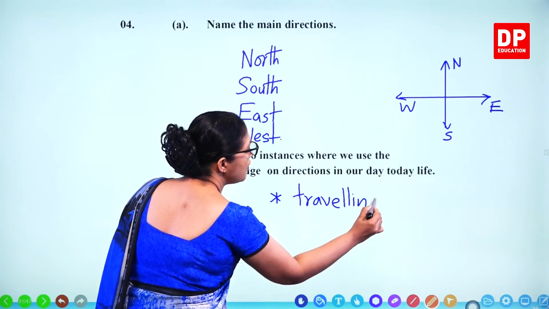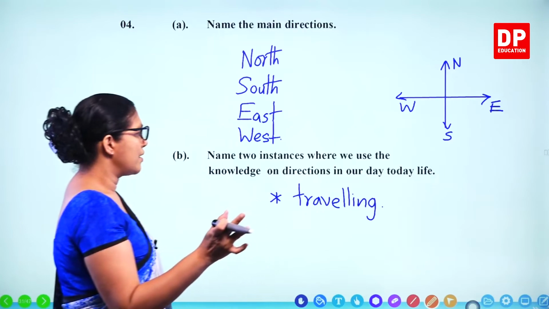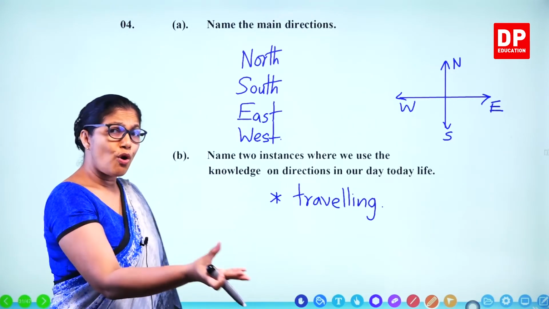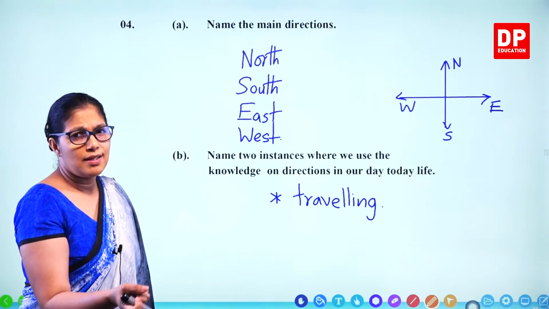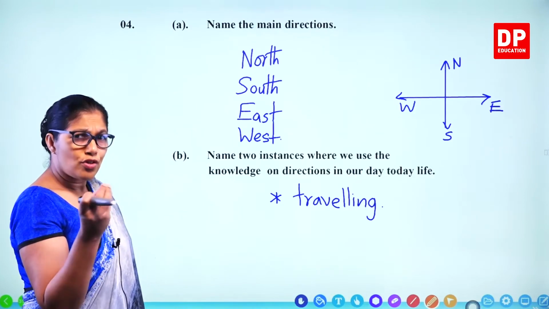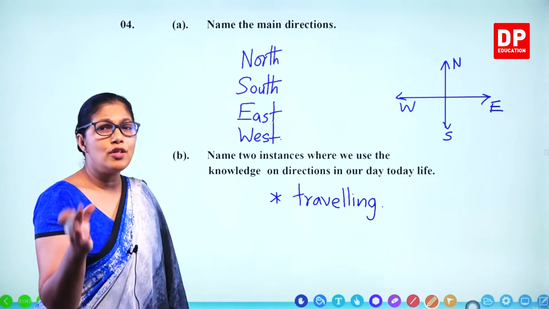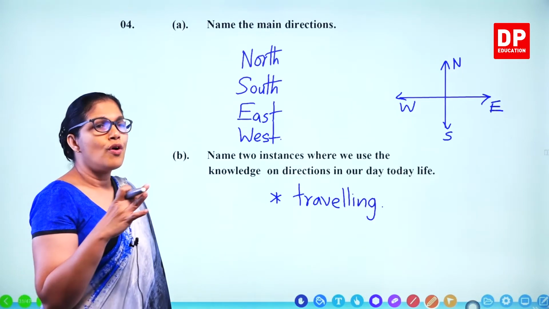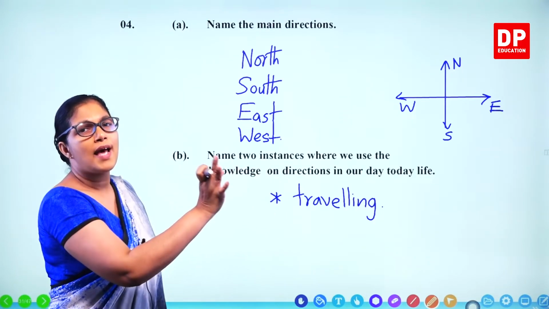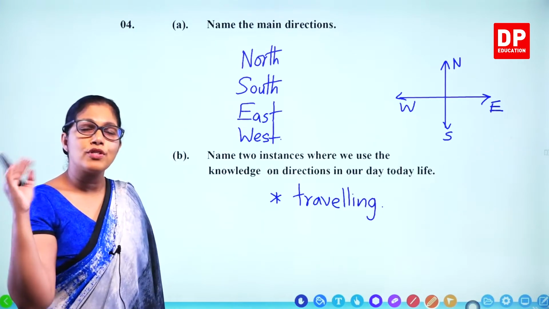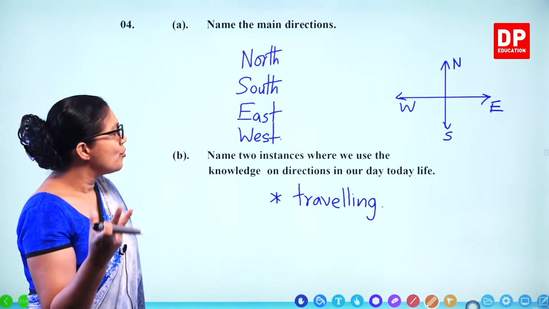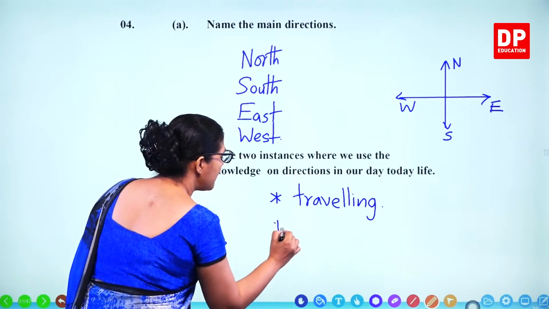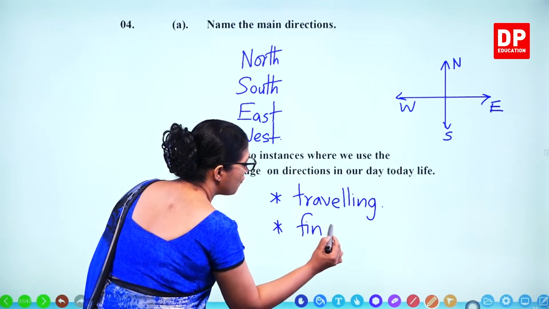And sometimes when you want to find the location of places, in the garden you need to see where the mango tree is. So you have to go 2 steps and then turn right and go 10 steps, like that.